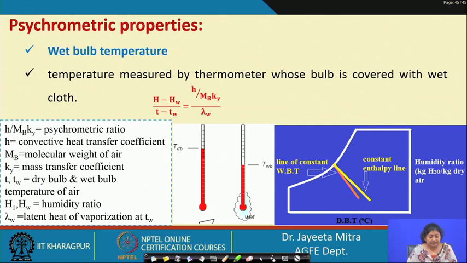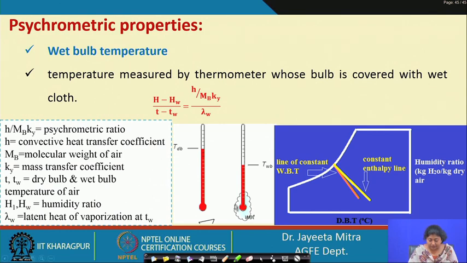Wet bulb temperature is the temperature measured by a thermometer whose bulb is covered with wet cloth. That means, when we normally measure the temperature in a dry bulb situation where we do not cover the bulb of the thermometer with a wet cloth, that time the normal temperature of the air that we can measure is called the dry bulb temperature.